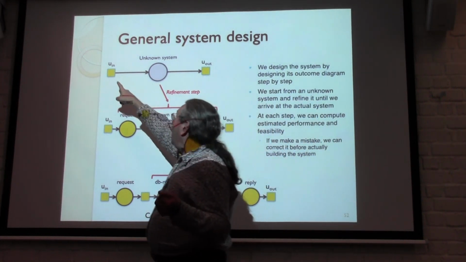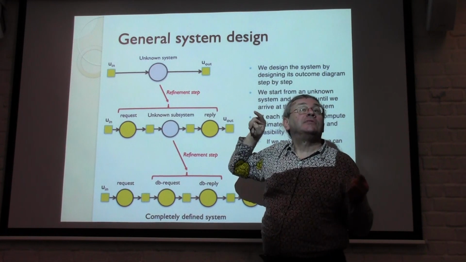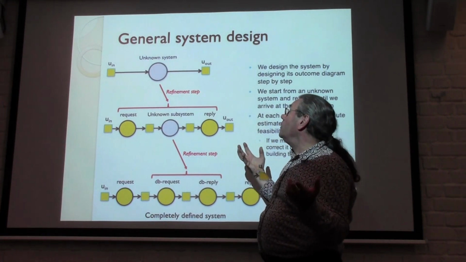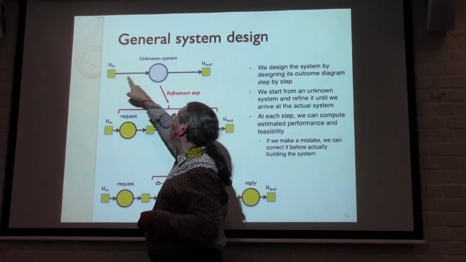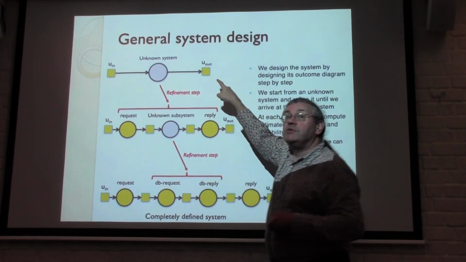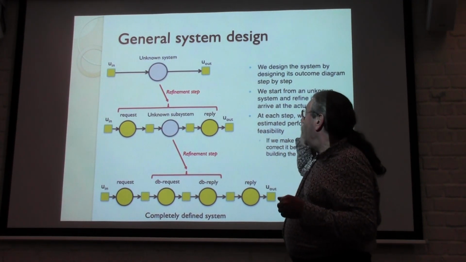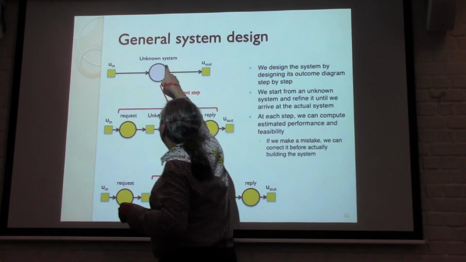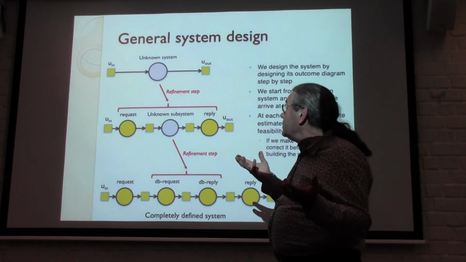I click, and I order a book, and eventually the book arrives in my mailbox. Those can be the two outcomes. Or the money is debited from my bank account, and the book arrives in my mailbox. So it's not just software, it can be anything. And I have some unknown system in the middle, which is the gray circle. And now I want to design my system.